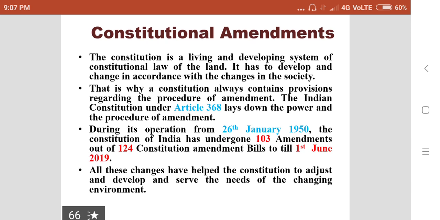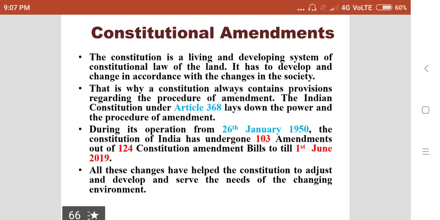Another source of the Constitution is constitutional amendments. The Constitution is a living and developing system of constitutional law of the land. It has to develop and change in accordance with the changes in the society.